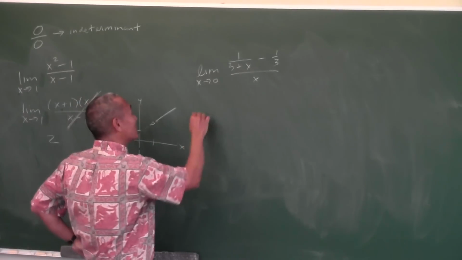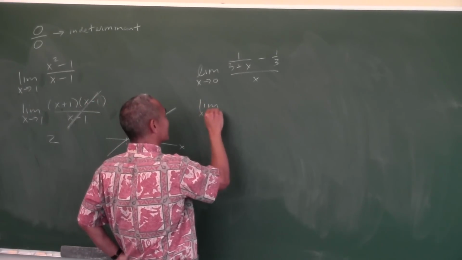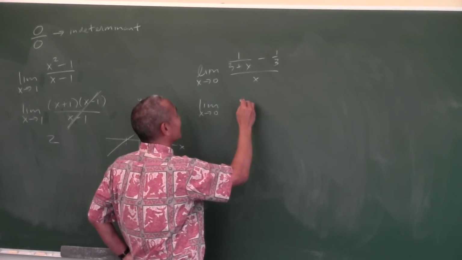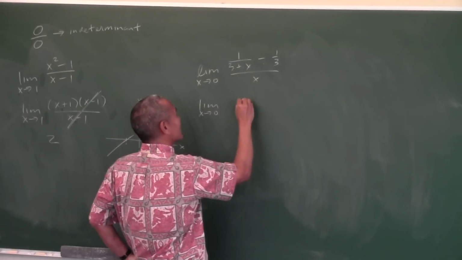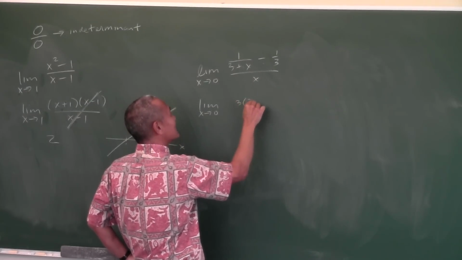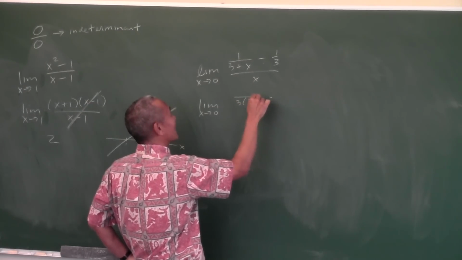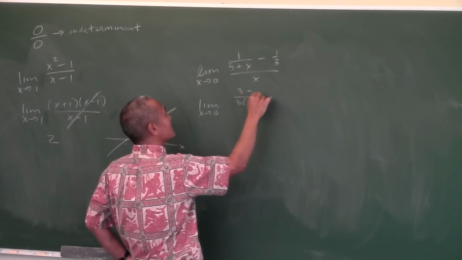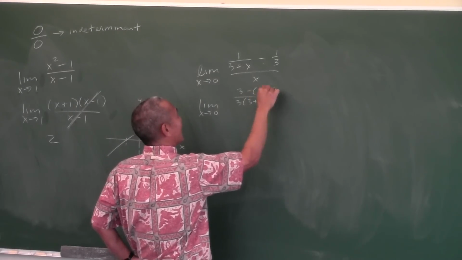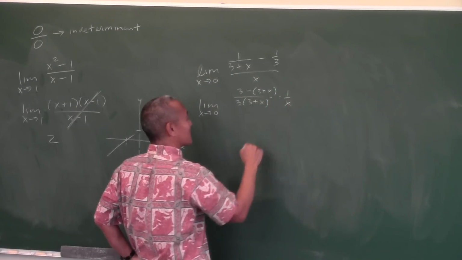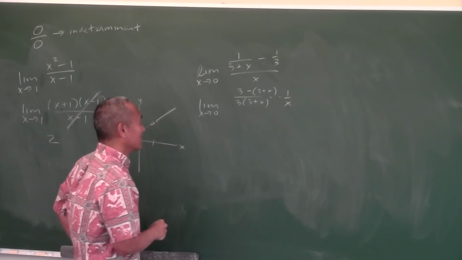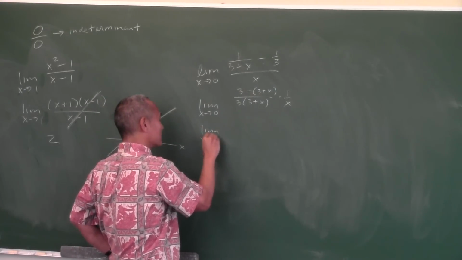Simplify, try simplifying. How do I simplify this monster? If you subtract fractions, what do you do? You make a least common denominator. What goes on the top? 3 minus 3 plus x. And then when you divide by x, it's like multiplying by the reciprocal, right? Limit as x approaches 0.